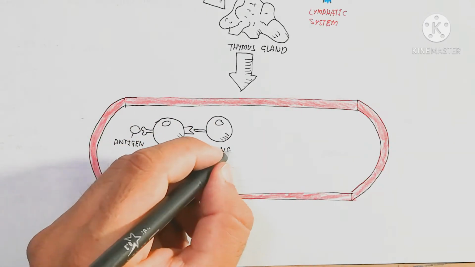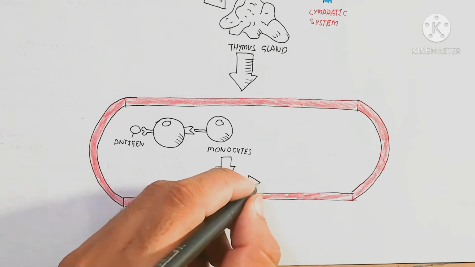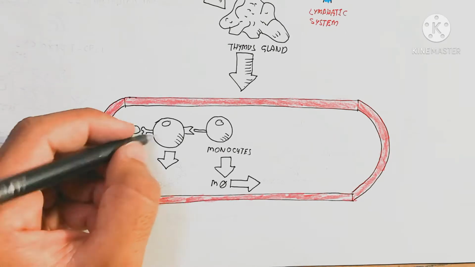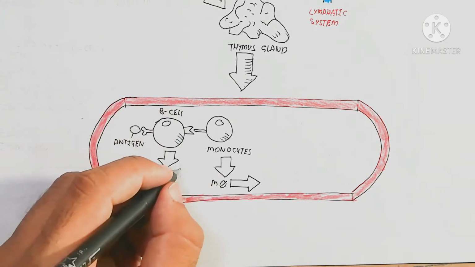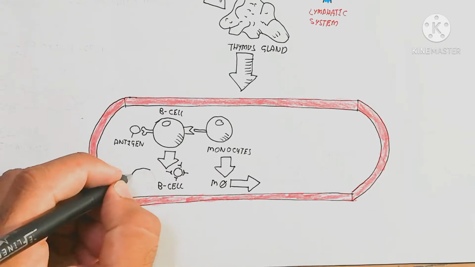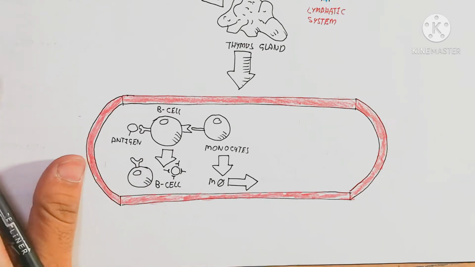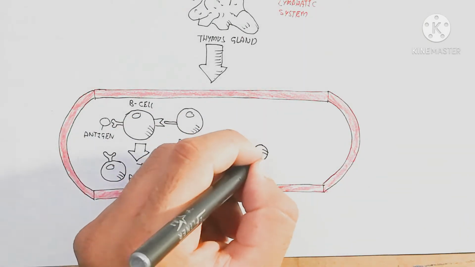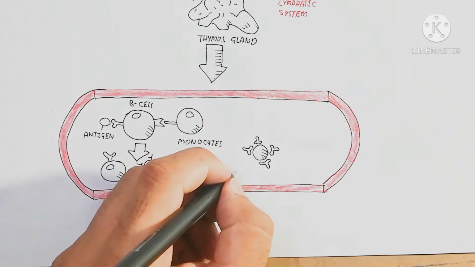Here is the B cell, which matures and attaches with the antigen, as well as the monocyte to produce macrophage when activated, while phagocytosis occurs and the B memory cell is also produced. The B memory cell and plasma cell are also produced. The plasma cell and B memory cell opsonize with the antibody as well as opsonin protein, which comes from the liver, to opsonize and kill the pathogen.